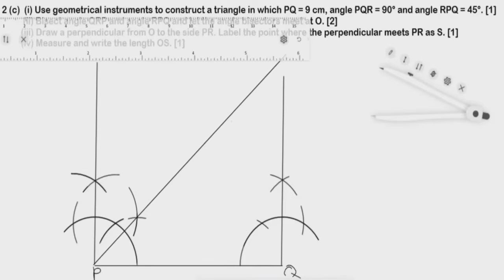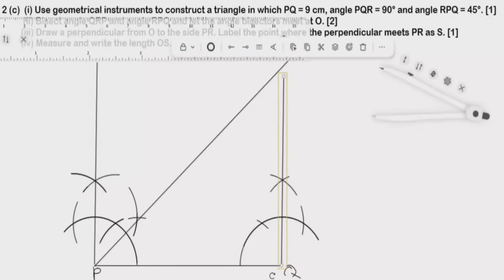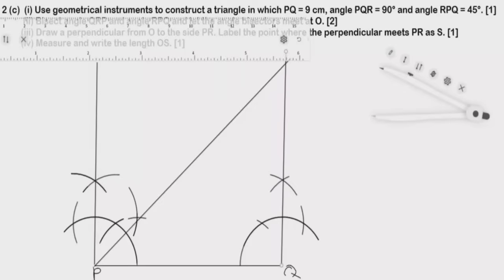Okay, so now, like I said, as a student, as you are doing this, you should be pricking the points. For me, I'm not pricking the points, so it's very difficult for me to come up with the actual, but the steps I'm showing you are the steps that you take.